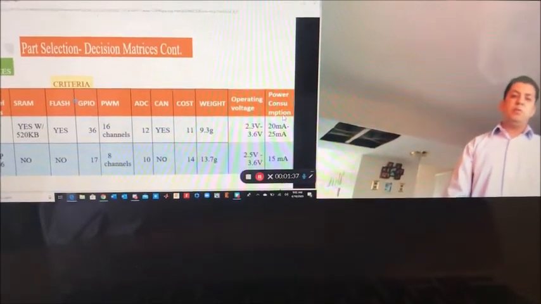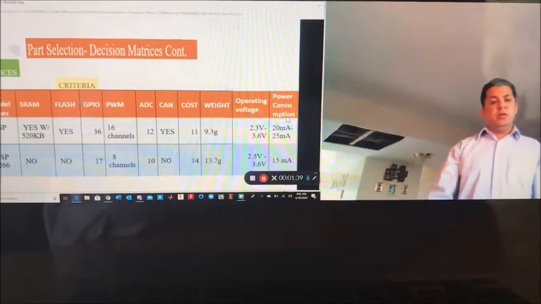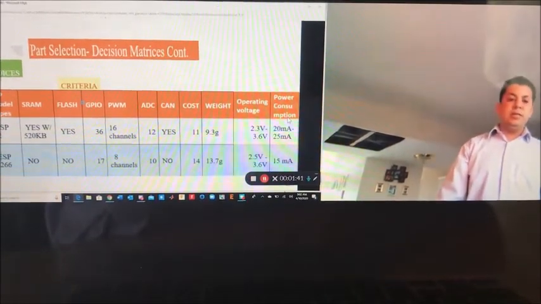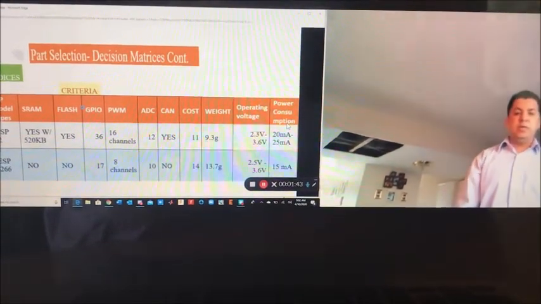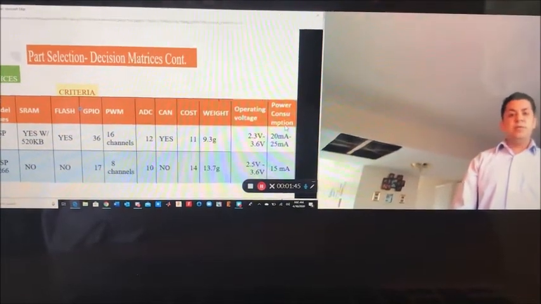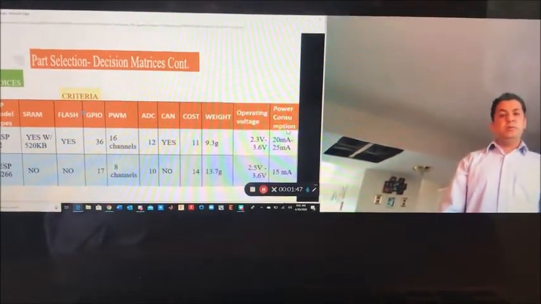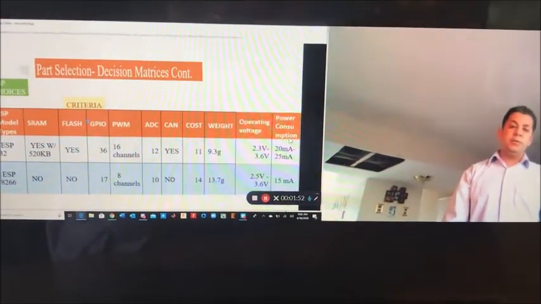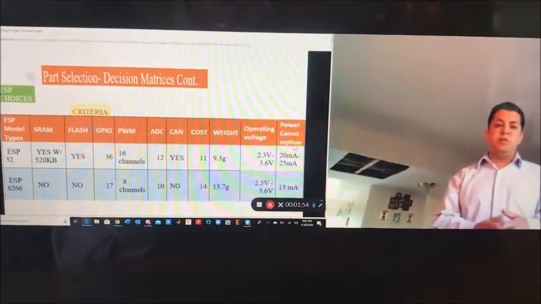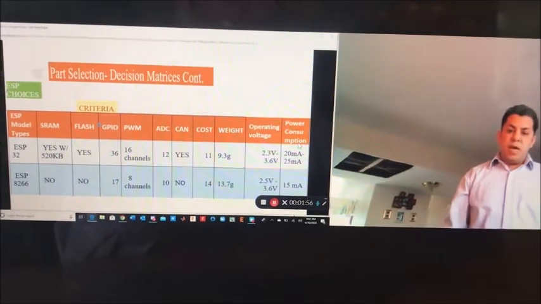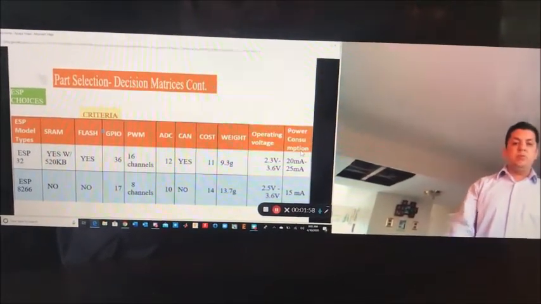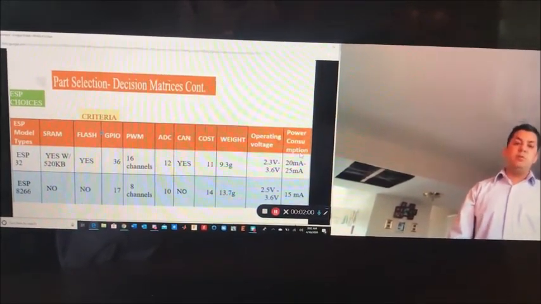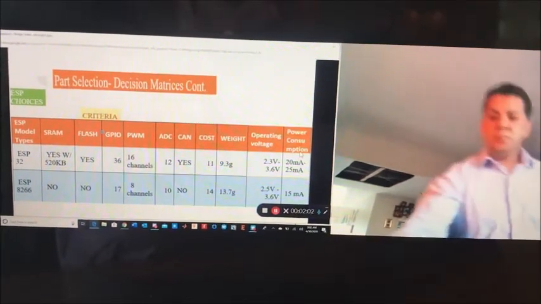And also because of the pulse width modulation, the one we chose has 16 channels, while the other one has only 8 channels. And more importantly, the GPIO pins: the ESP32 that we chose has 36 pins, and the other one has only 17 pins. So we have more pins to use for servo motors or other components in the future.